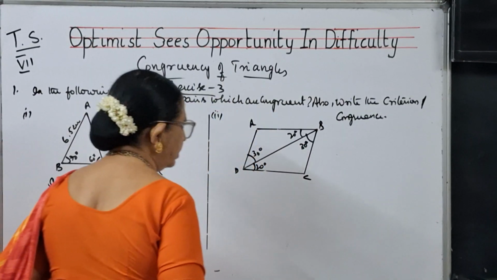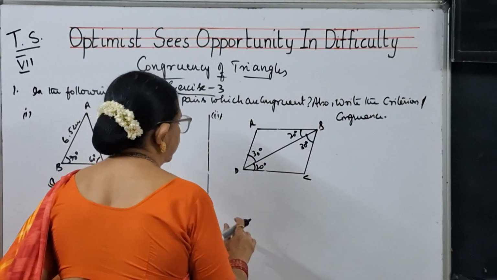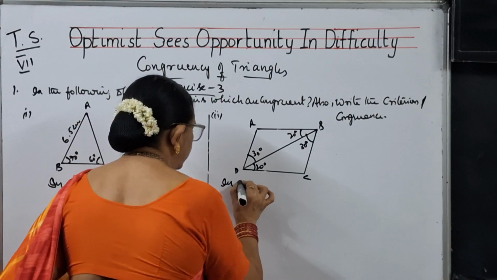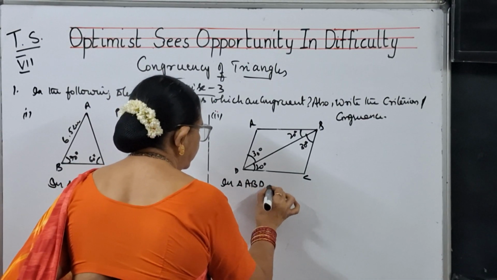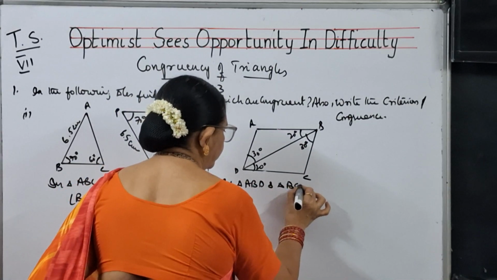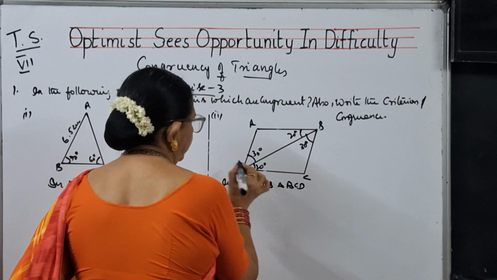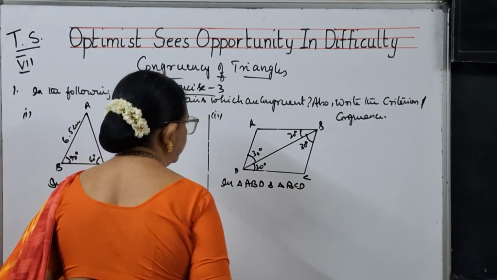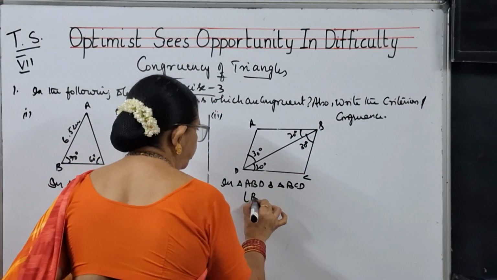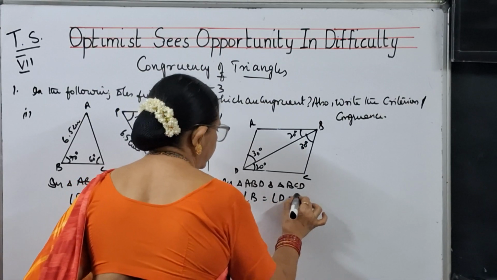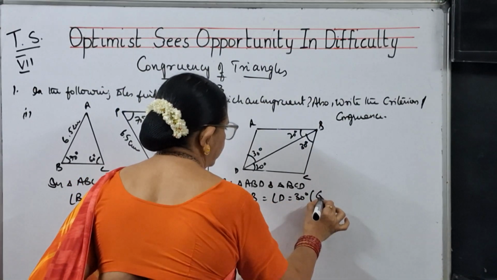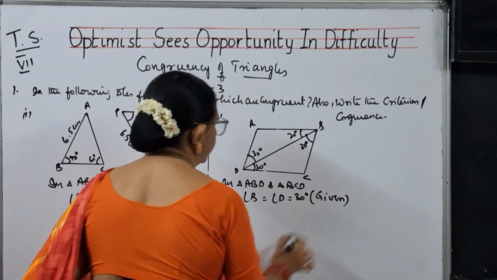Now you have to prove whether these two triangles are congruent. What are the triangles you have got? In triangle ABD and triangle BCD. ABD is one triangle, BCD is another triangle. Angle B is equal to angle D, that is 30 degrees, given to us.